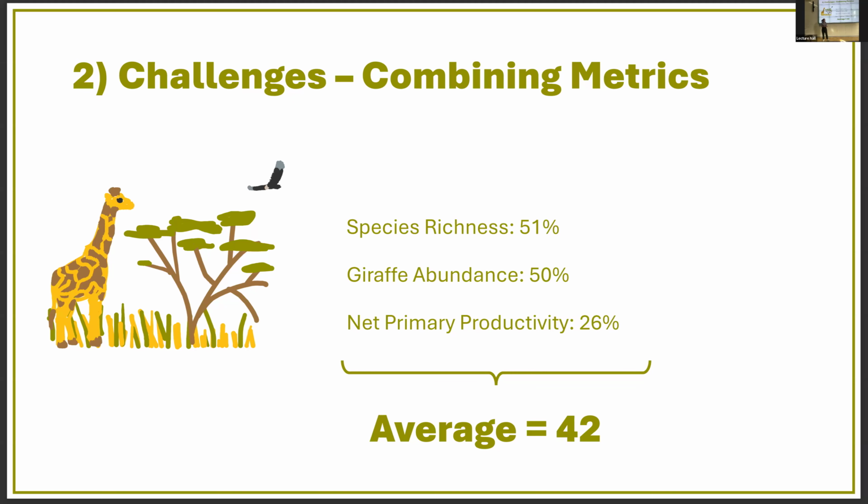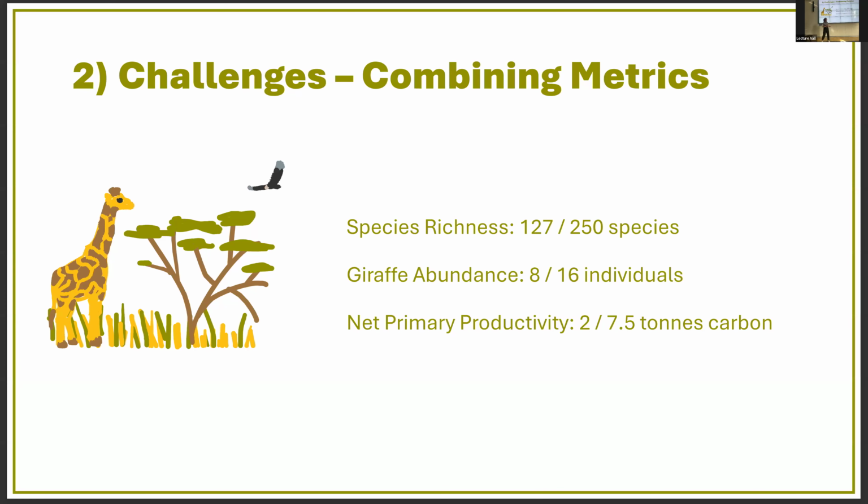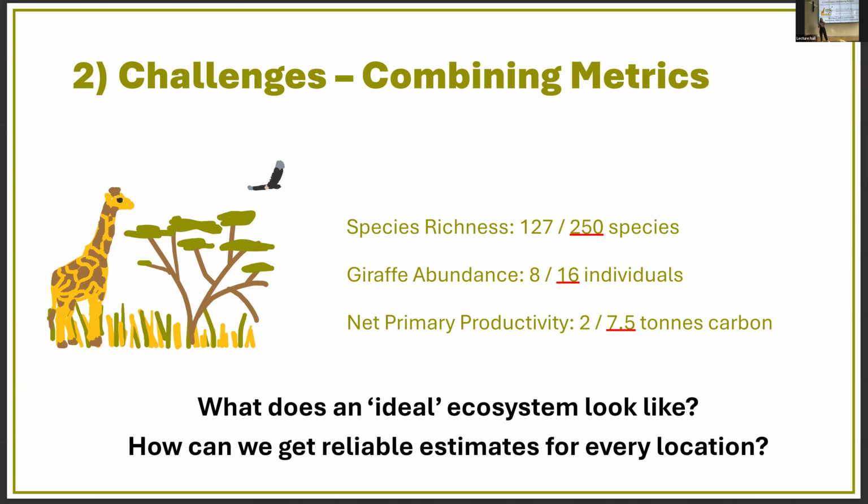But it's dangerous. And the reason for that is that these target values, we don't know those numbers for the majority of ecosystems. We don't know what ideal species richness should be. We don't know what the ideal abundance of giraffes should be. Sometimes we might know what net primary productivity is. Things that are satellite derived are often a bit easier to know, but still there's a lot of uncertainty there.